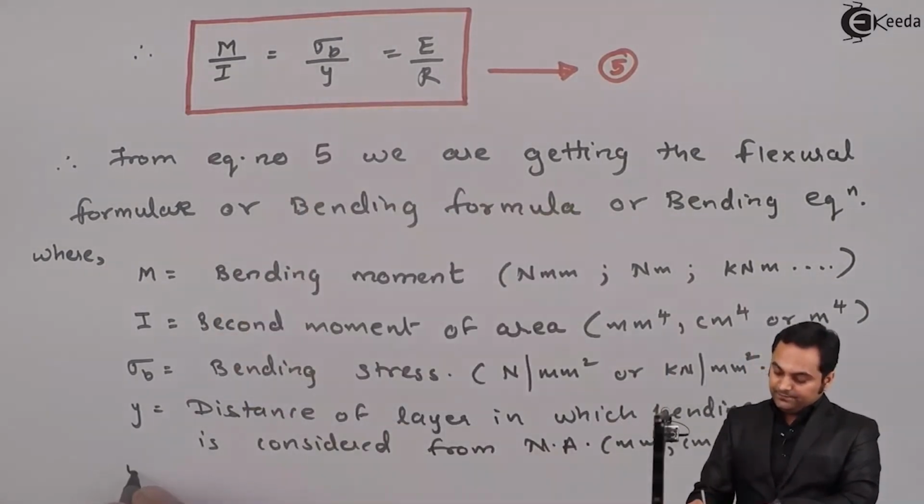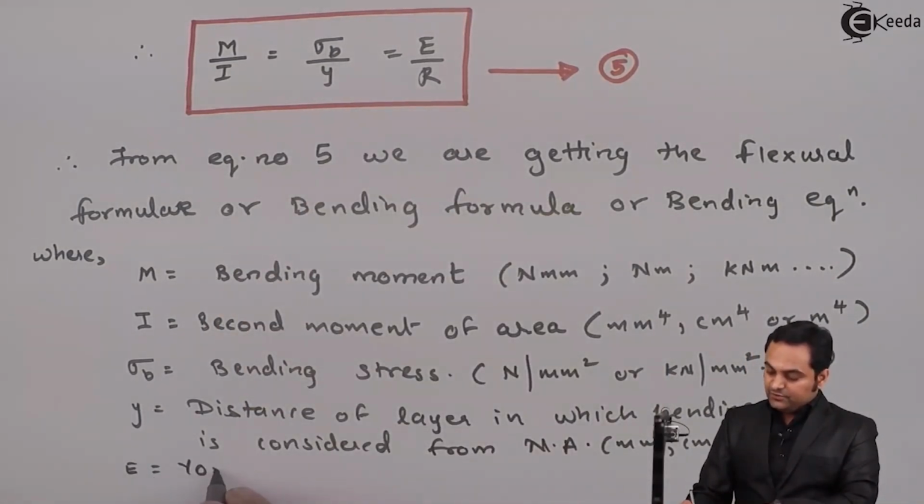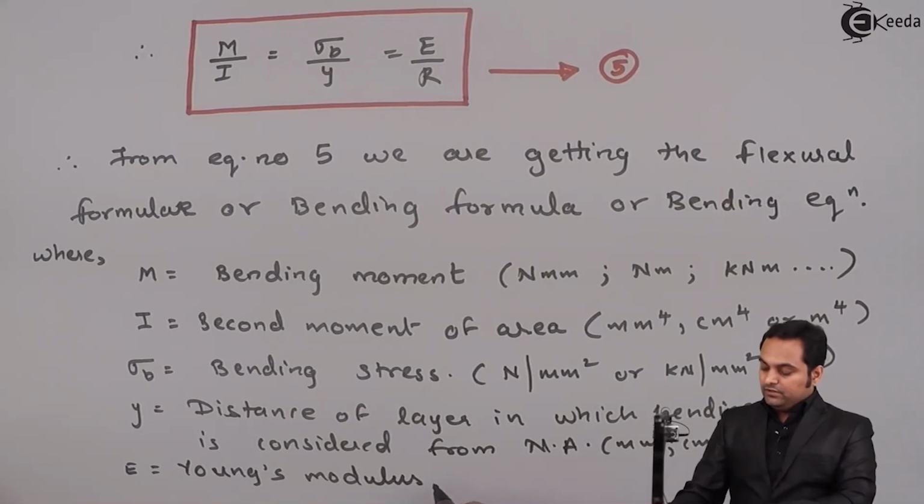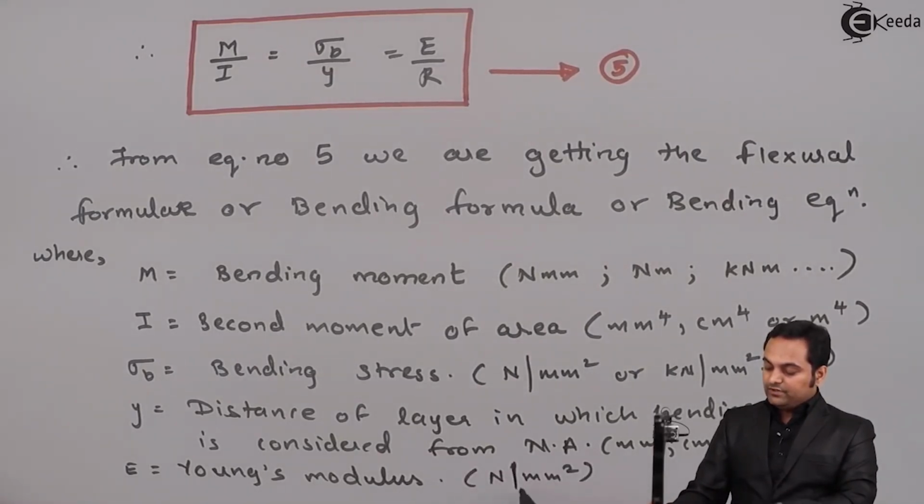Next, capital E, it is called as Young's modulus or modulus of elasticity for the beam material, and Young's modulus unit is Newton per mm square.